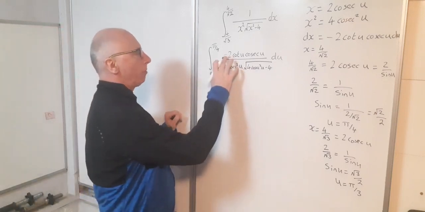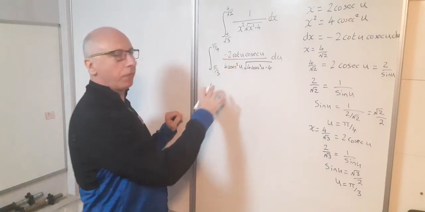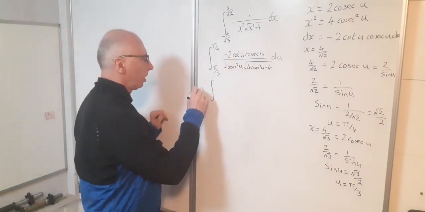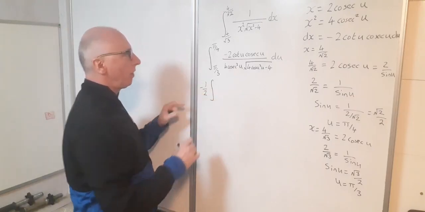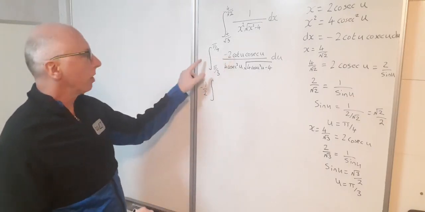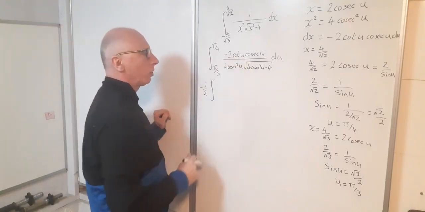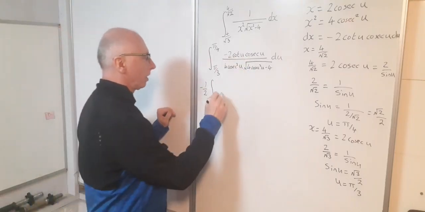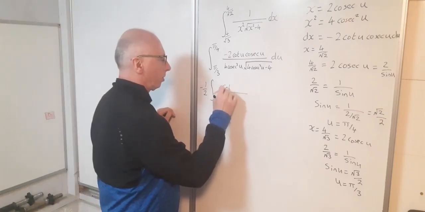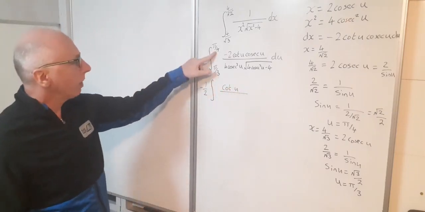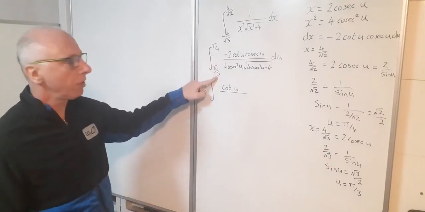Well, straight away I've got minus 2 and 4, so that simplifies to minus 1/2. If I was to rewrite my integral, I'll bring the minus 1/2 out. Cotangent u, I'm going to leave that. Now I notice here I've got pi over 4 and pi over 3.